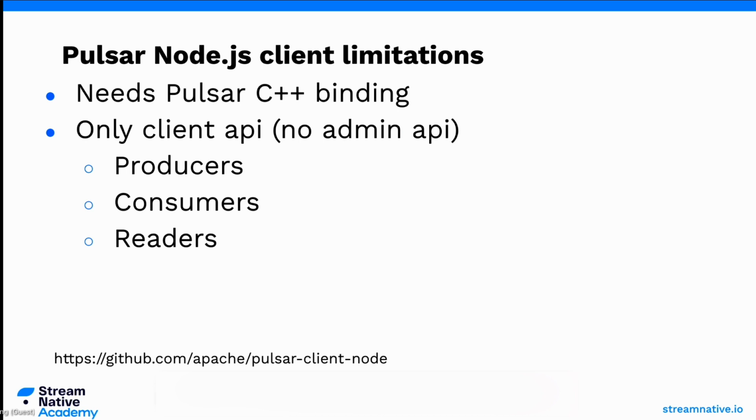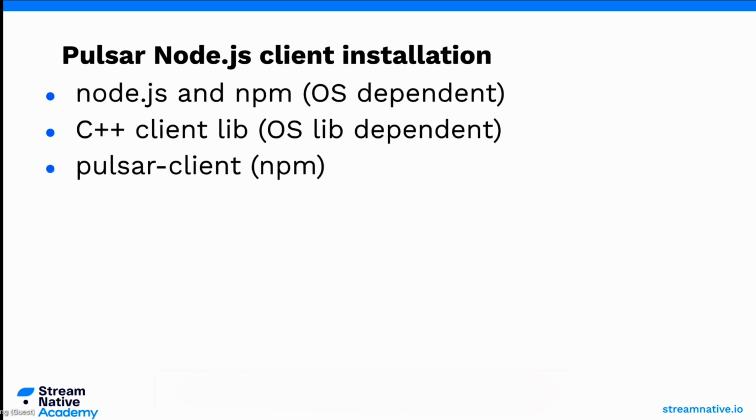You cannot retrieve topic status, namespace, or tenant status, right? You cannot create a tenant. So all you can do is producer, consumer, and reader. Okay, there's no writer. So make it fast.